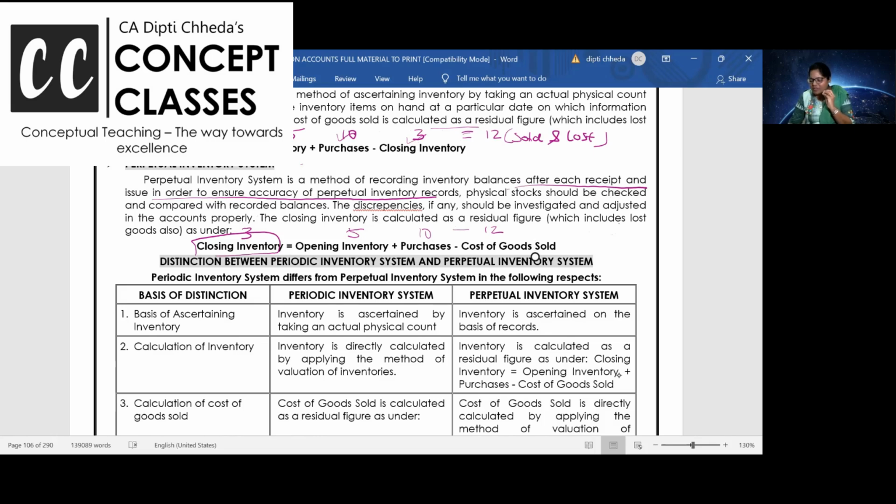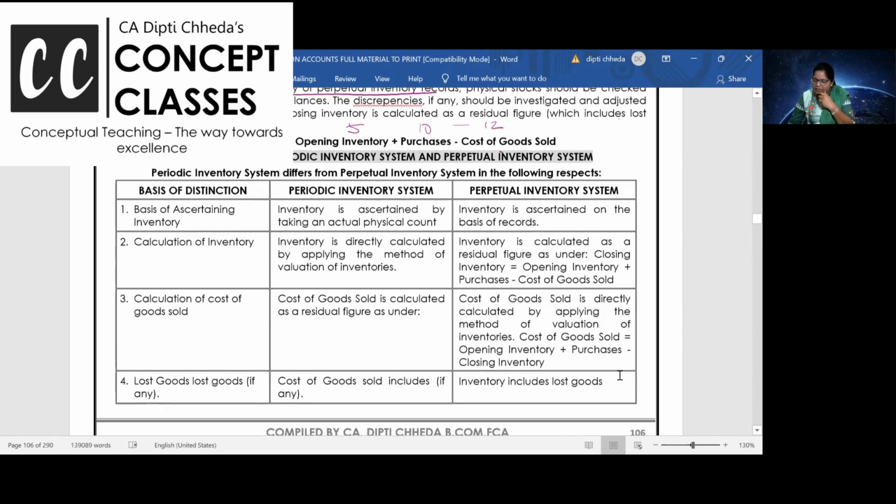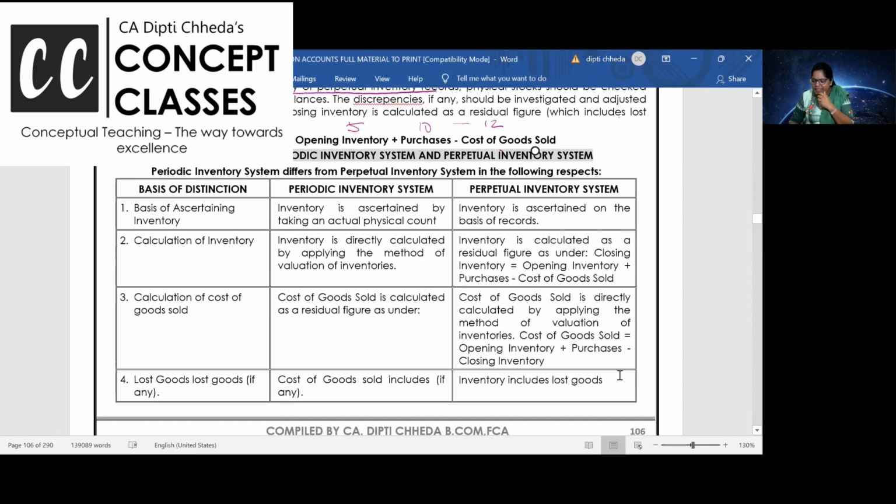I'll solve the problems so that it will be very clear. Cost of goods means whatever is the actual sale, say 100, 20 is the GP in sales, 80 is the cost. You know actually what you have sold, what you have purchased, and the inventory. So this is your closing inventory. Okay? Am I clear with the theory? Read it again at home. Tomorrow also we are doing this topic. If you have any doubt, you can ask me.